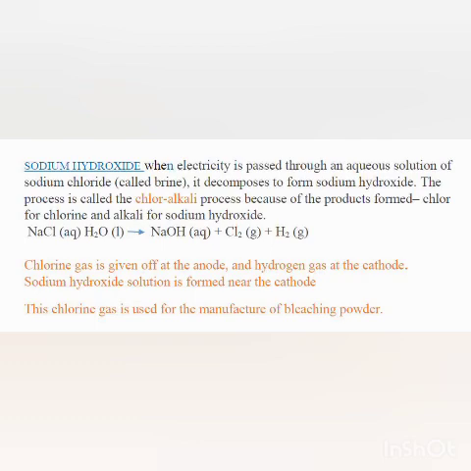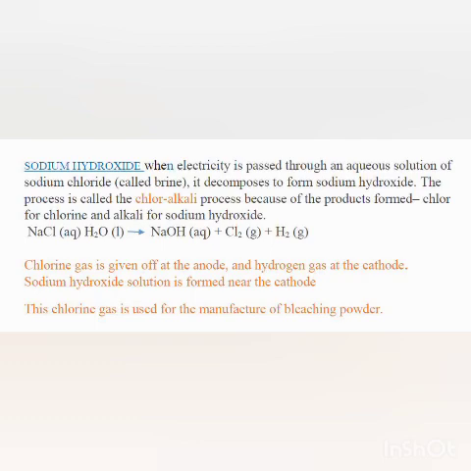Sodium hydroxide. Now, children, when you pass electricity through the aqueous solution of sodium chloride, which means sodium chloride dissolved in water, called brine, it decomposes to form sodium hydroxide and chlorine.